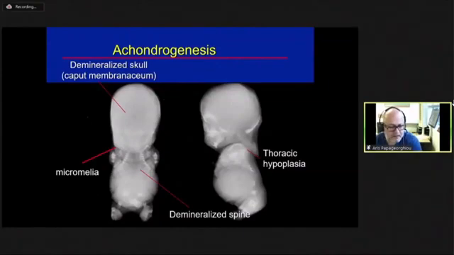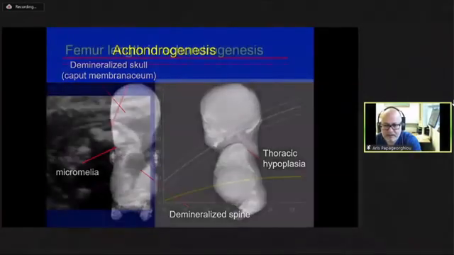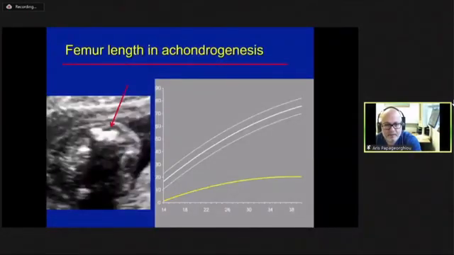It's a lethal condition, usually before birth or soon after birth due to respiratory failure. You can see the very characteristic finding here of a very demineralized skull. So there's hardly any bone in that skull, micromelia, or in other words, short long bones, and very characteristically, this demineralized spine. The femur length, again, similar to thanatophoric dysplasia, very, very small indeed.